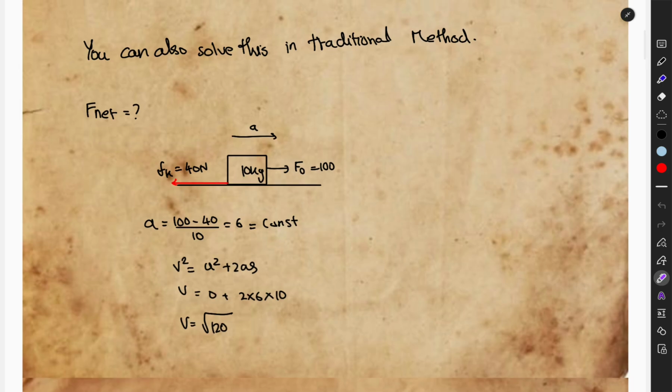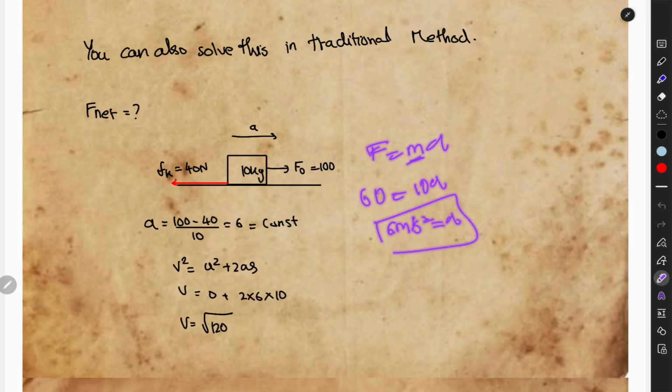You can also solve this in the traditional method, which is Newton's laws of motion method. Here 100 Newton is acting on this side, and 40 Newton is acting on the other side. As I said, F is going to be equal to 60, and F is equal to ma, and mass is given as 10, so 10a equals 60, which gives acceleration 6 meter per second square.